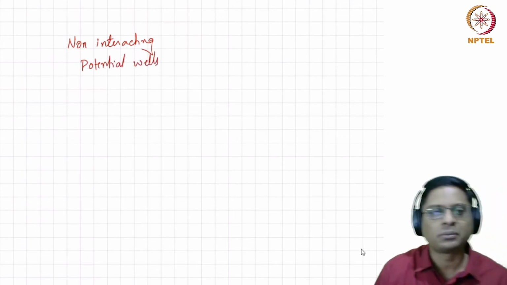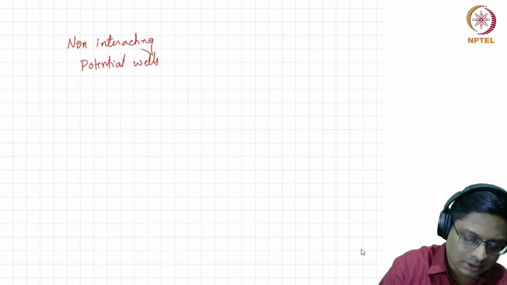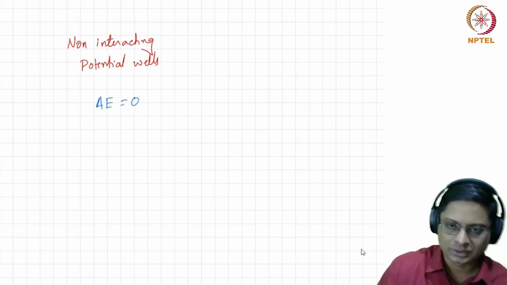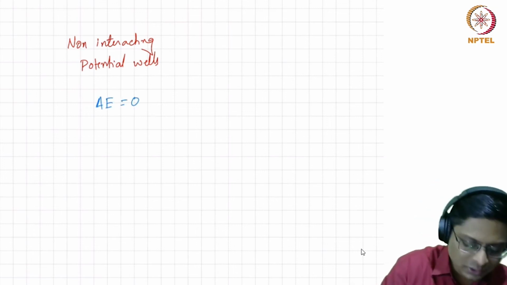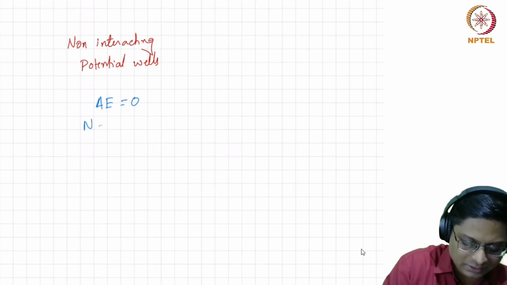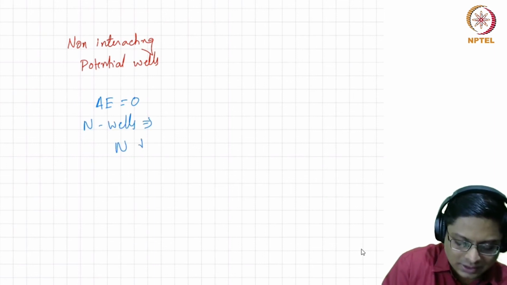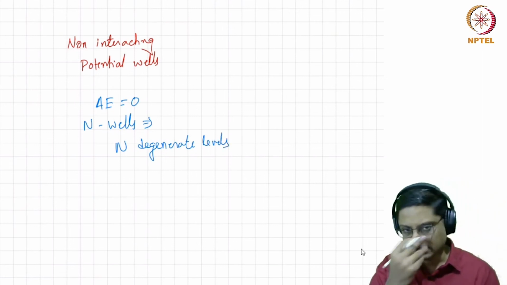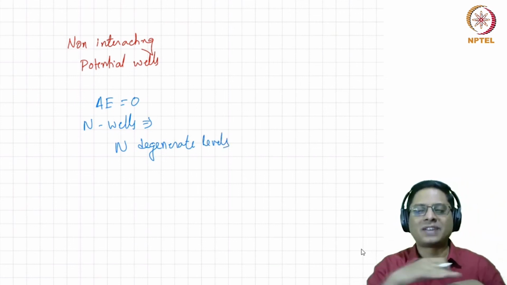When you have non-interacting potential wells, delta E is equal to 0. There is no difference in energies. So if you have n potential wells, n wells imply n degenerate levels. The energies are all the same. They have the same energy level.